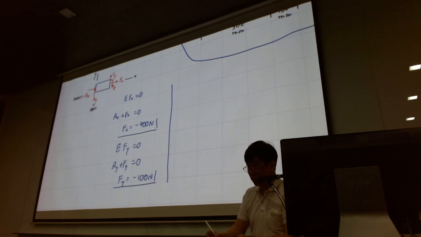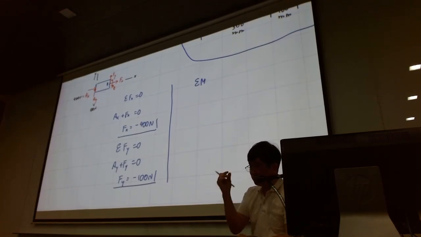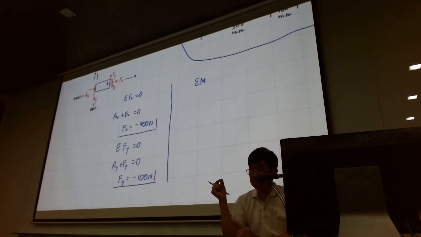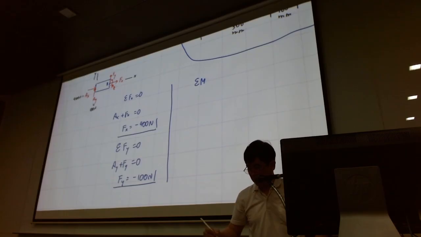And notice that after all of this is done, usually I will mark the point. So for example, this is B. I'll take a moment around the point at the cross section of the virtual section. So this is moment around B in the z-axis equal to 0.